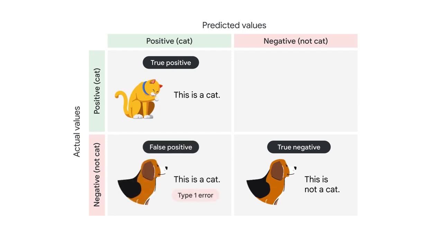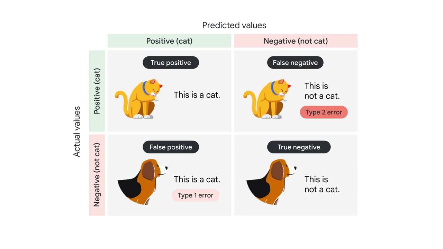Then there is false positive, otherwise known as a type 1 error, which can be interpreted as the model predicted positive and that's false. The model predicted that the image is a cat, but it actually isn't. Finally, there is false negative, otherwise known as a type 2 error, which can be interpreted as the model predicted negative and that's false. The model predicted that the image is not a cat, but it actually is.